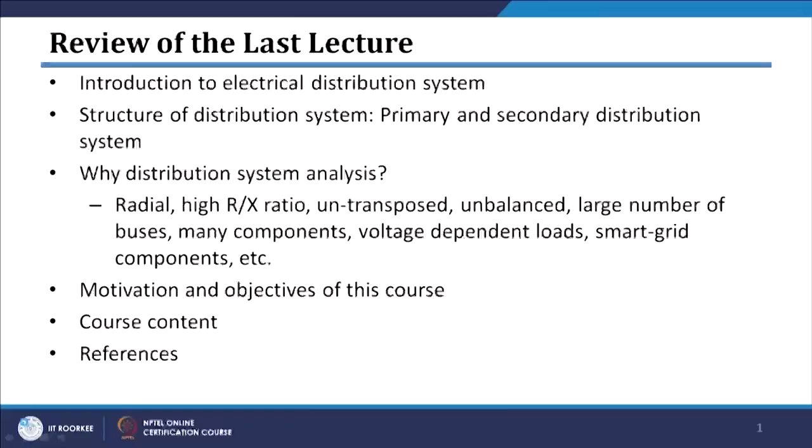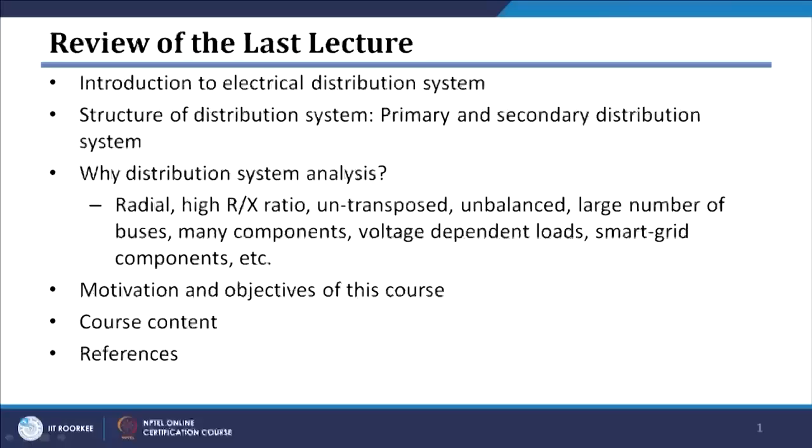In the first lecture, we have seen the following topics. We have seen the introduction of the electrical distribution system, where we studied which part of the power system we can call an electrical distribution system. Then we have seen the structure of the distribution system, where we have classified it into two parts, that is primary distribution system and secondary distribution system.